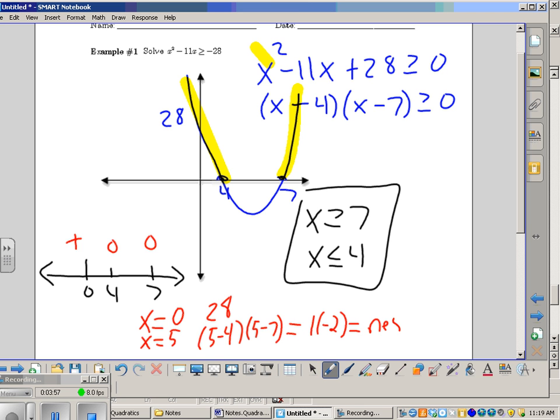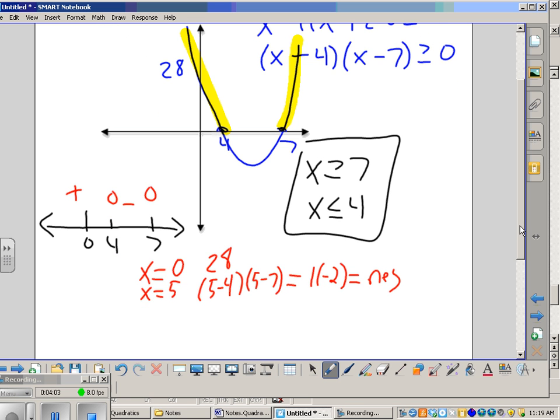That's negative. So in between 4 and 7 is negative, and that corresponds to the graph. This negative value corresponds to the blue between 4 and 7. And just for good measure, let's do 10. So 10 minus 4, 10 minus 7, that's a positive and a positive, that's a positive.